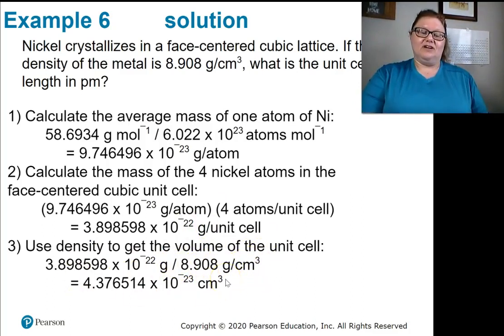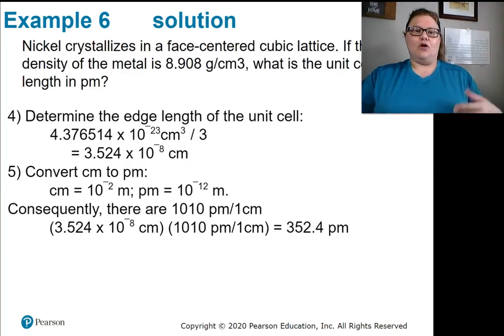And now we've given a volume. So now we have our volume of our unit cell. Are we done with the problem? No, because we don't want the volume, we want the edge length. But we're almost there because we know that the volume is length times width times height. And so all we need to do is take the cube root of this volume.